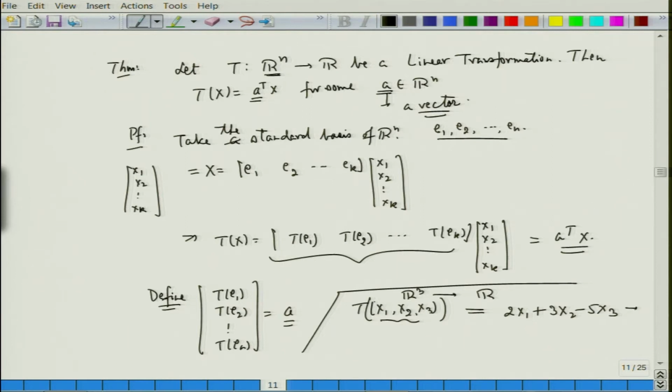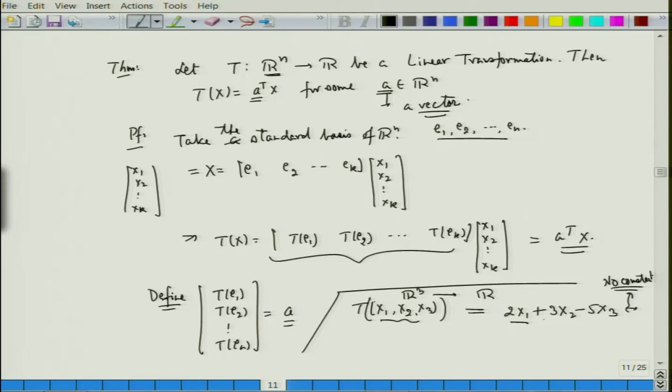I cannot put any constant. Why no constant? Because linearity will be lost. This is what we had seen, that you cannot have linearity if you have a constant term for a linear transformation. We also cannot have a square, cube, square root, sin x, cos x. Those things are not allowed. Only linear terms are allowed in a linear transformation, and this is nothing but 2, 3, minus 5 times x1, x2, x3.